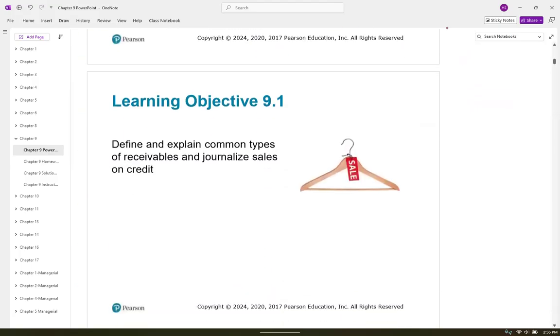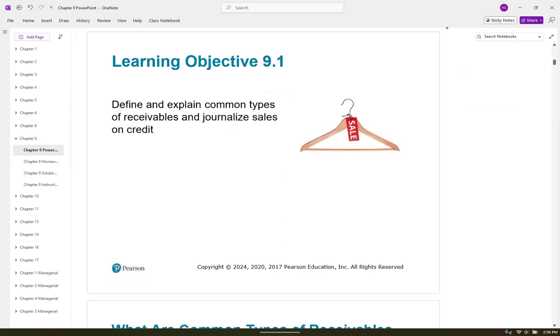Okay. So let's talk a little bit about how receivables come about. Most of the time, a receivable comes about because you sell something. You have extended credit to the customer, and we want to do that because usually when we extend credit like that, we make more money. We have more sales.